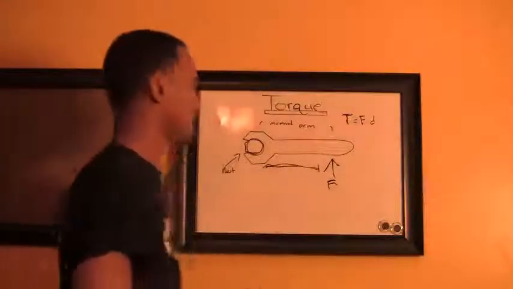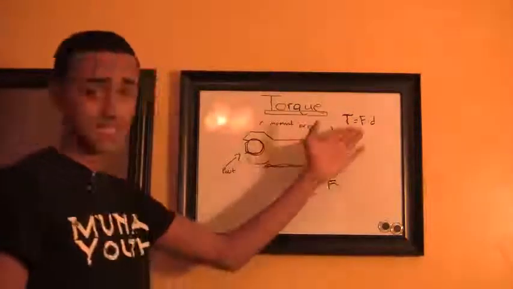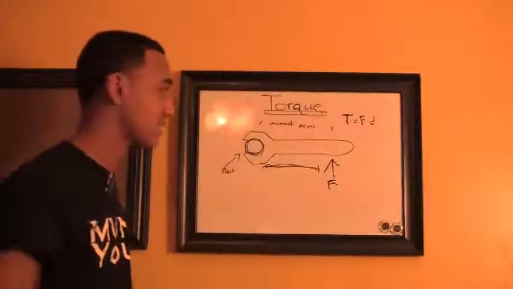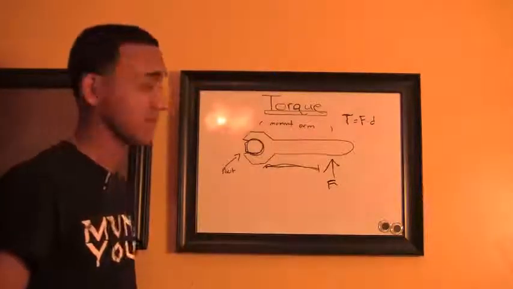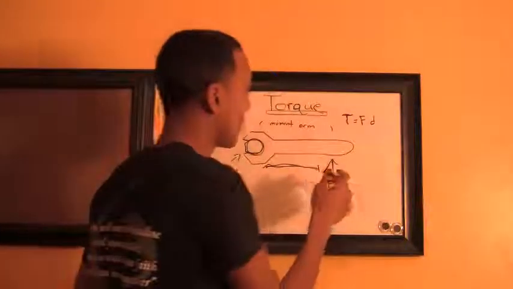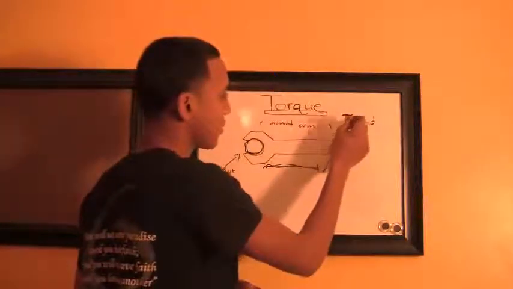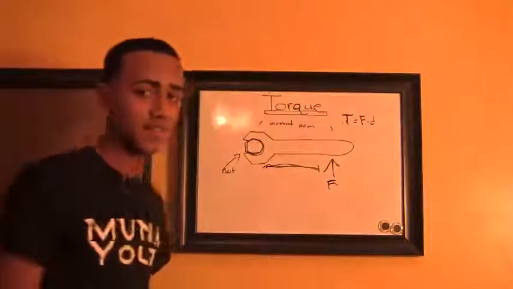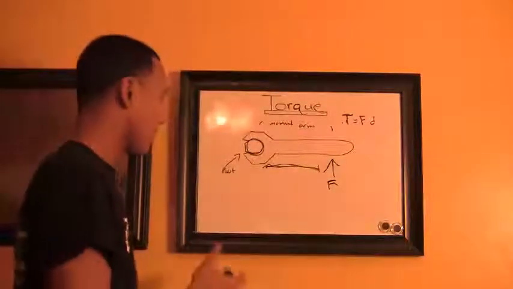And now you might be asking yourself, well, this force times distance equation looks awfully familiar to work. And this is a very important statement: torque and work are two different things. And let's look at why.